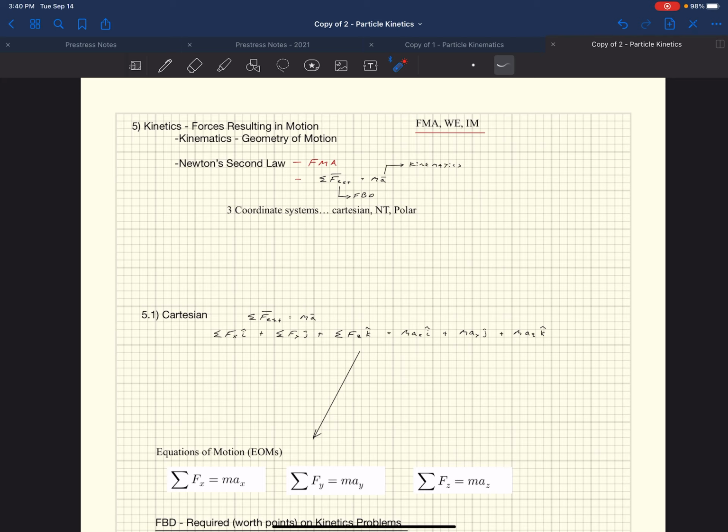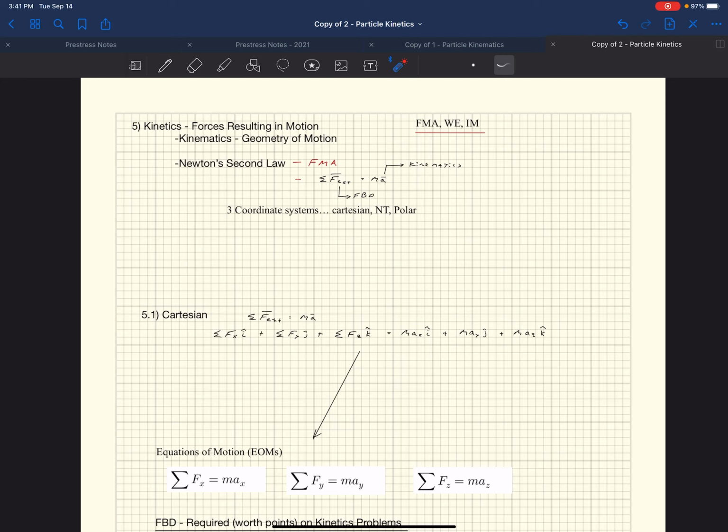let's get started. We're right in the middle of solving kinetics problems, relating forces to motion, right? That's the whole point of this class: as engineers, we design things, and we need to know what kind of forces our objects will feel while they're moving. And conversely, given some forces, we know how things are going to accelerate or move.